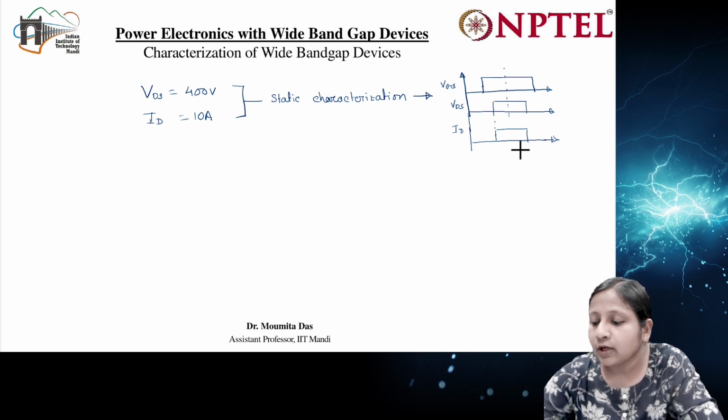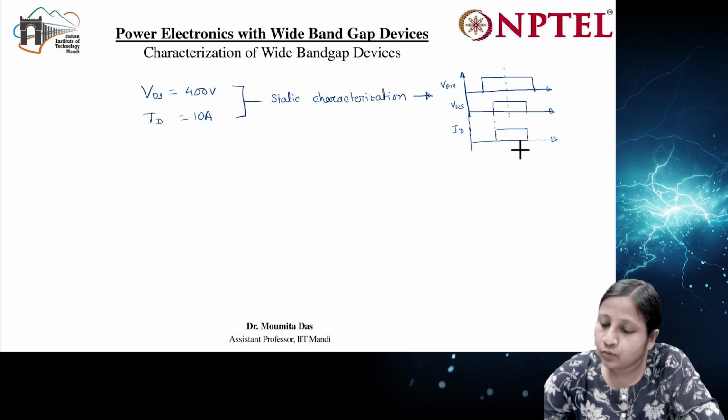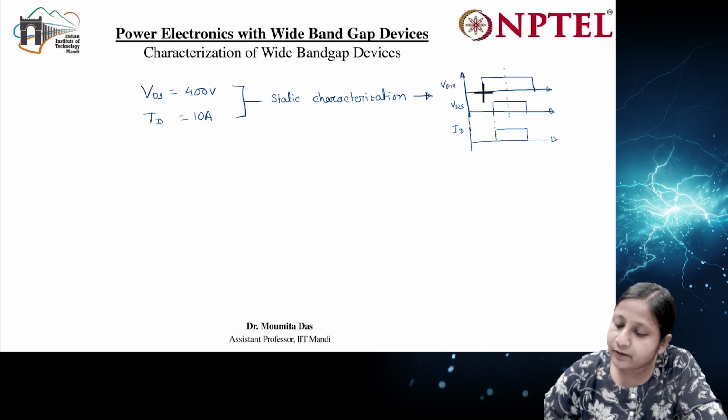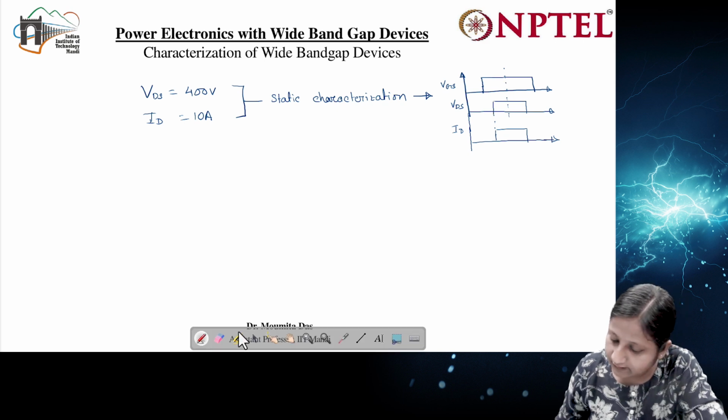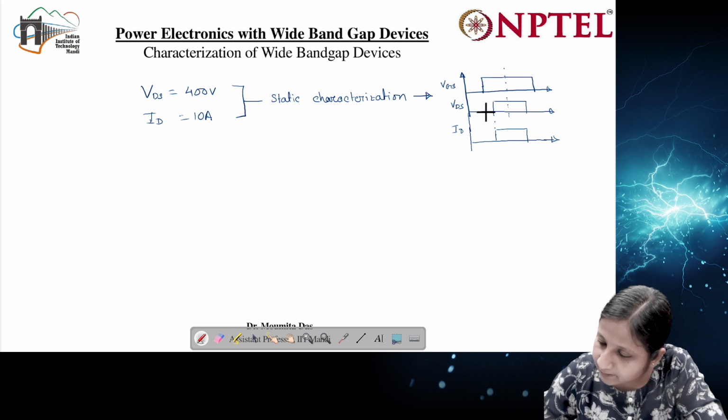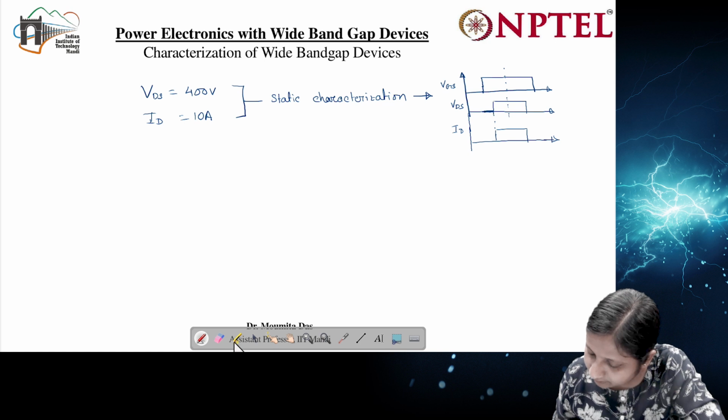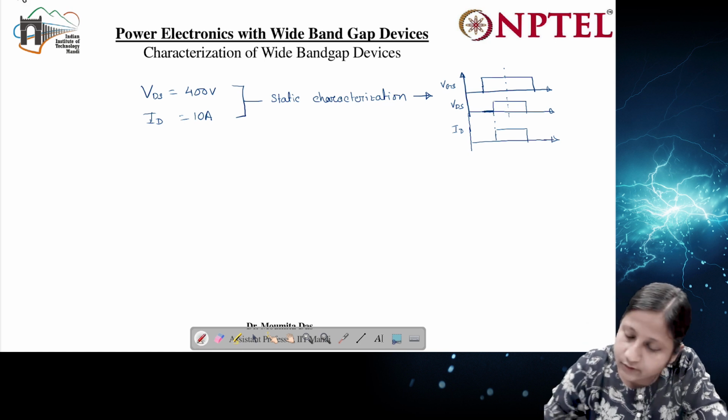Okay, so now there will be a delay between this gate to source voltage and the drain to source voltage, which you can see here. So let me select a different color, so it will be easier to see.